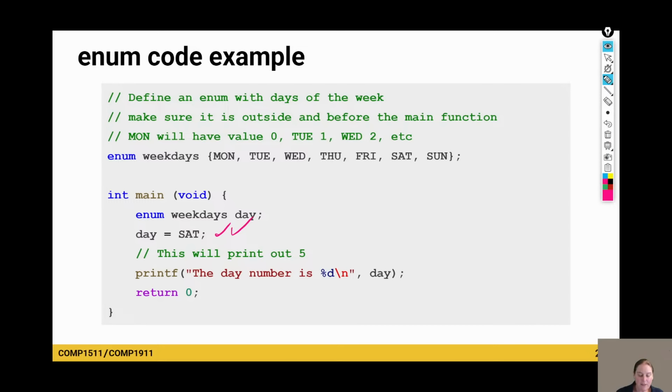But if we try and print this out, unless we write our own if statements and say if day is equal to sat, print out Saturday, if we just print it out, it's going to print out, say, 5. And we'll see later how to deal with this sort of stuff and make them a bit more useful than they seem right now, when we don't know enough C to really put them to good use.